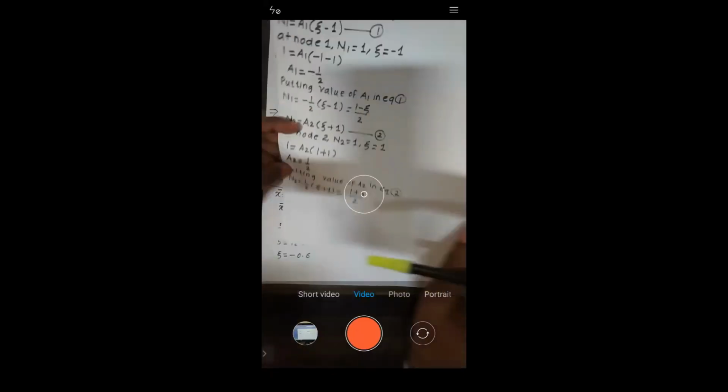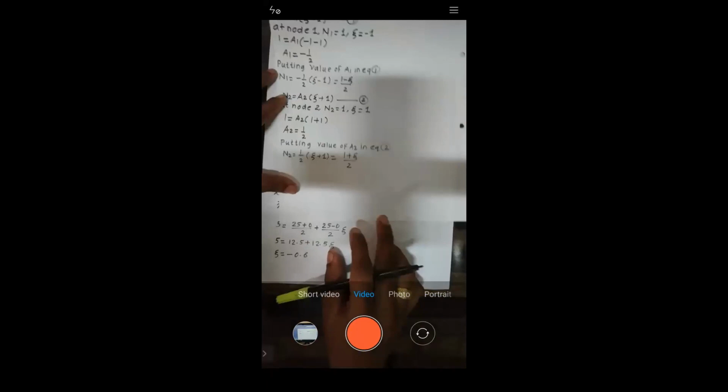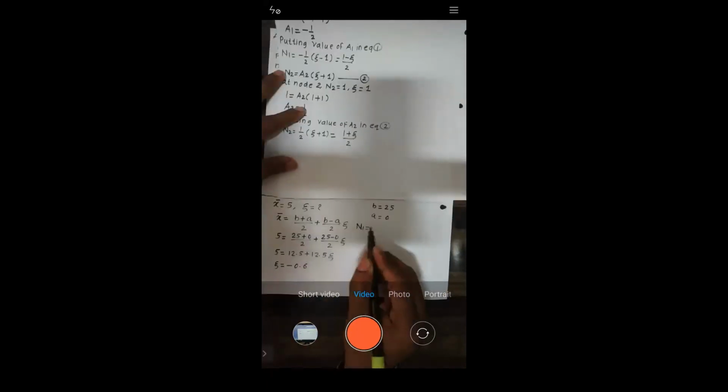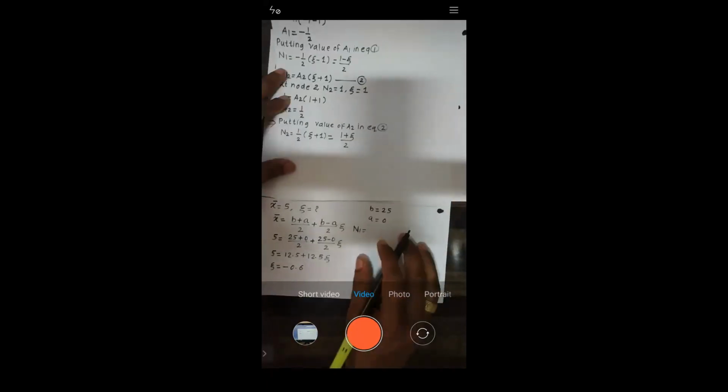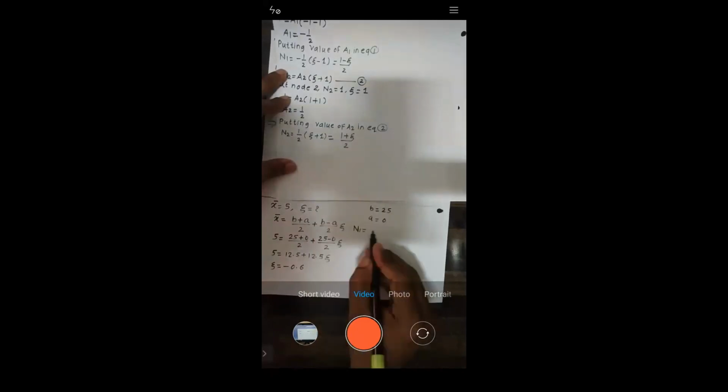Just a while before, we wrote the formulas for the shape functions of a linear element in natural coordinate. What is that? N1 is 1 minus zeta by 2, the first shape function. And the second shape function, N2, is 1 plus zeta by 2.